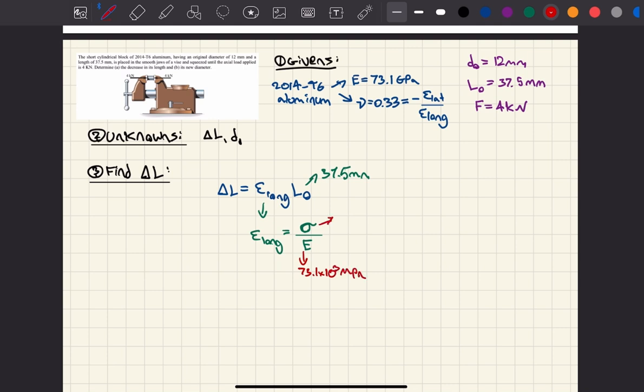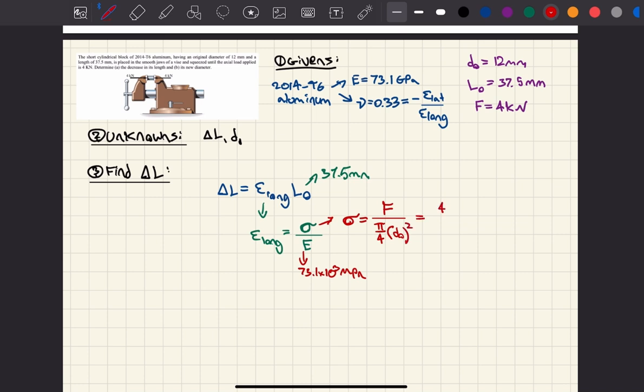Do I know the stress? Well, the stress in this longitudinal direction is equal to the axial force, in this case 4 kilonewtons, divided by the area. The area is a circular area, so it's going to be pi over 4 times the original diameter squared, D naught squared.